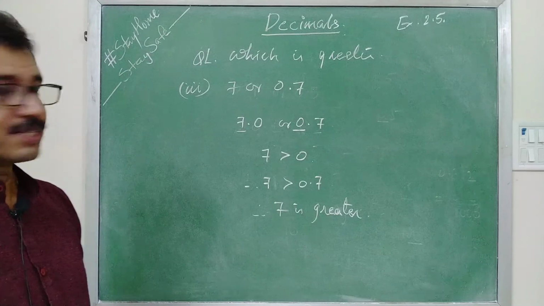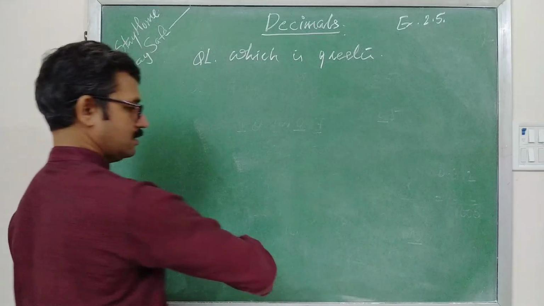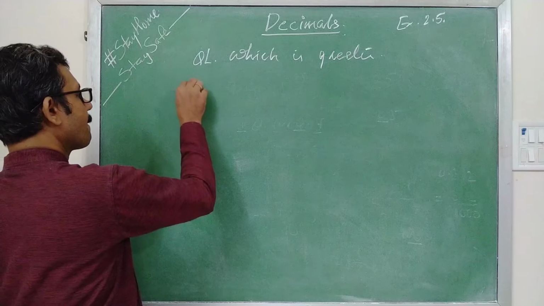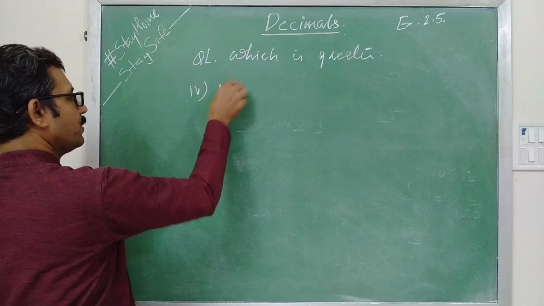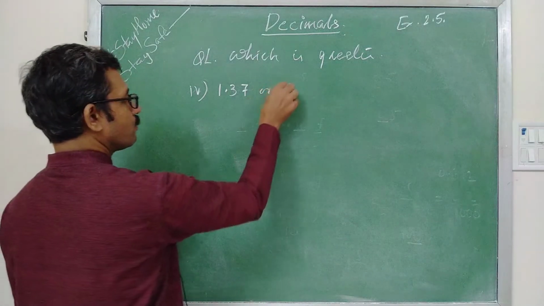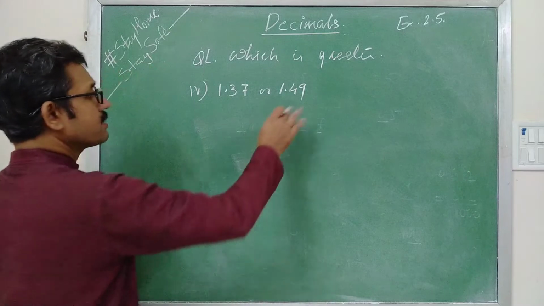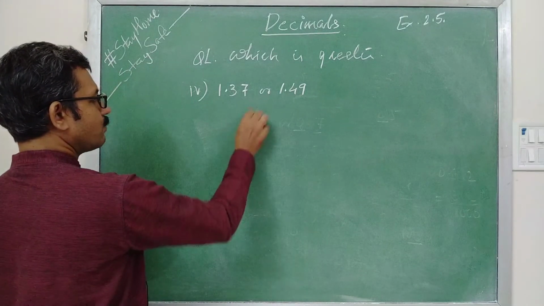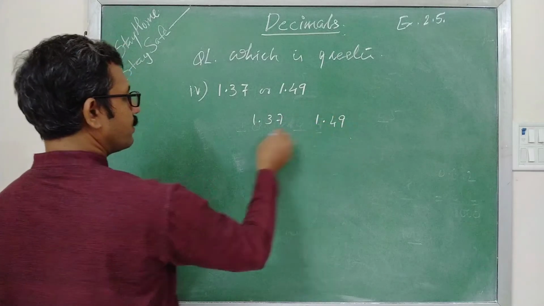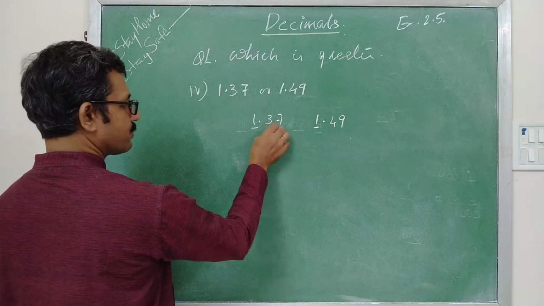Okay, next one, that is the fourth one. 1.37 or 1.49. Again, we have 1.37 and 1.49. Now the first digit is equal, fine. Next is 3 and 4.